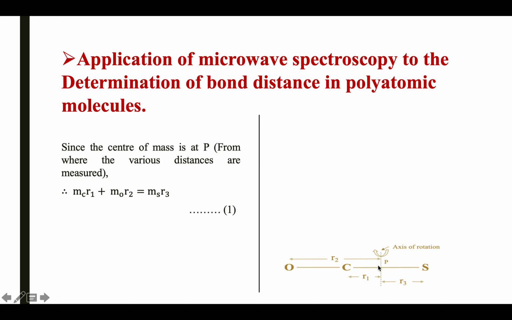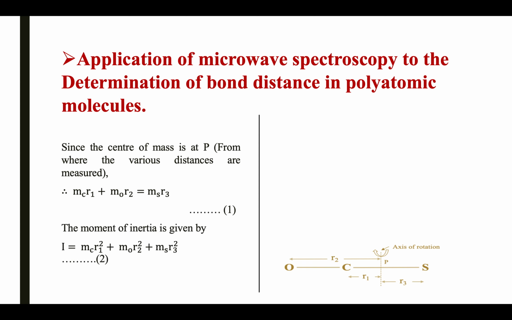If you multiply each mass and its distance, the left hand side will always be equal to the right hand side, which is mS, the mass of sulfur, into R3. So from this center of gravity or center of mass we get equation number 1.